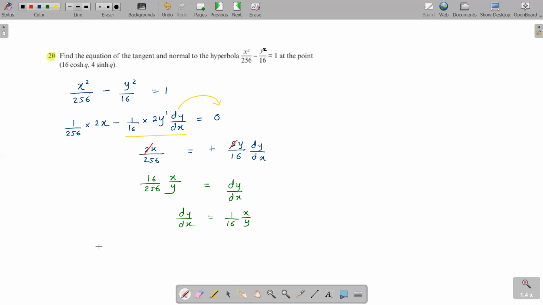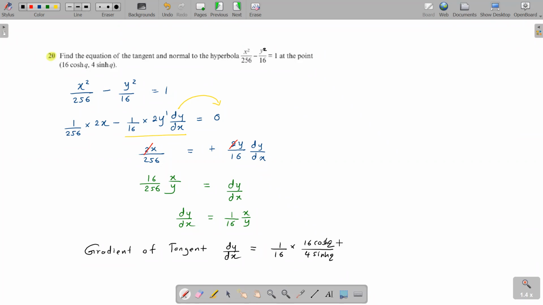Then let's write the gradient of tangent: it is dy by dx, and I want to substitute my point. The point is 16 cos cube and 4 sin cube. So 1 over 16 times x, which is 16 cos cube, over y, which is 4 sin cube.